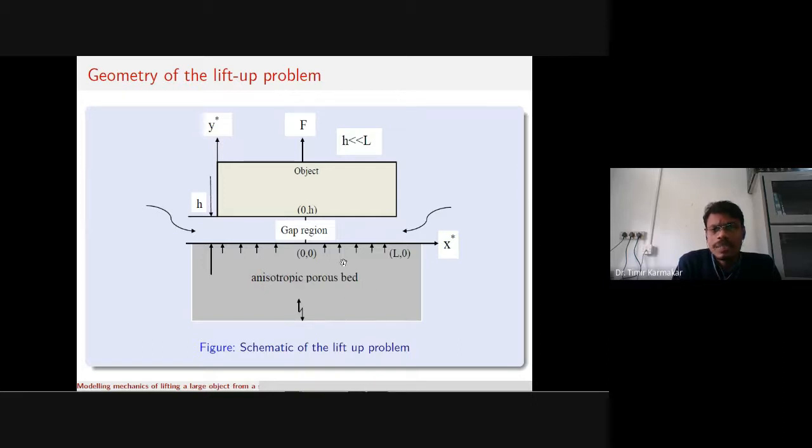Basically this is a seabed, infinitely extended with no boundary. We assume that the seabed is porous in nature and also anisotropic. Now this is the object we want to lift up from this porous seabed.